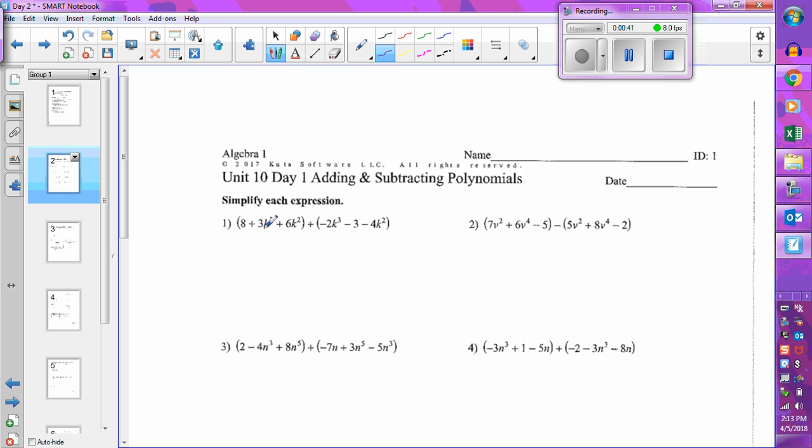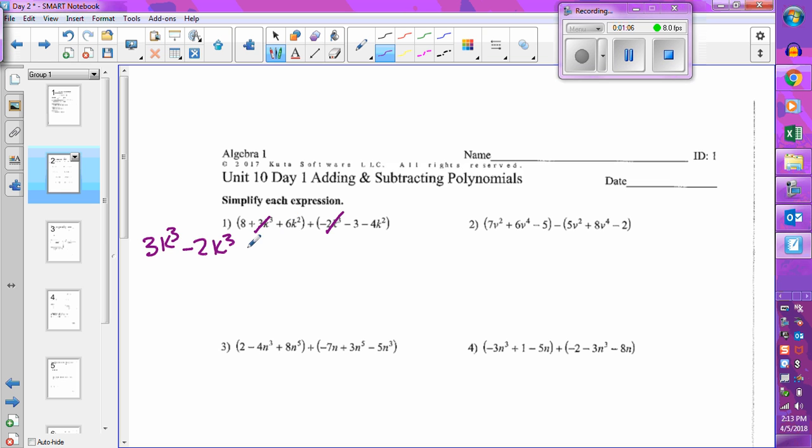So the first thing I want to look at, since we're adding, is putting this into standard form. So we're going to look at our degrees right here and see which one has the highest degree and start from there. So I see right here that this is 3k to the third degree. I'm going to cross that out. Then I have a negative 2k to the third degree, and I'll cross that out.